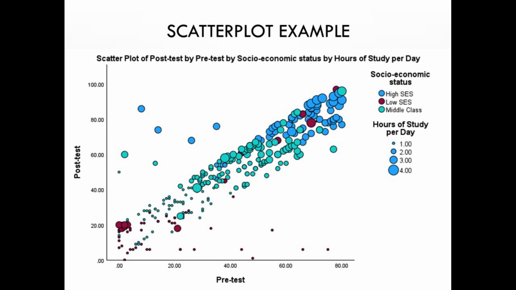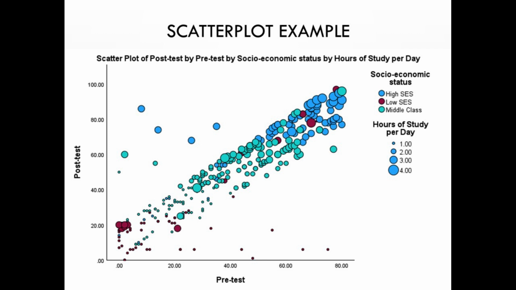In this graph, we also use the size of each data point to reflect the values of another variable, which is the number of hours that students spent studying each day. We can easily see that, for the most part, the smaller dots are located on the left side, indicating that individuals with lower scores tend to spend less time studying each day.